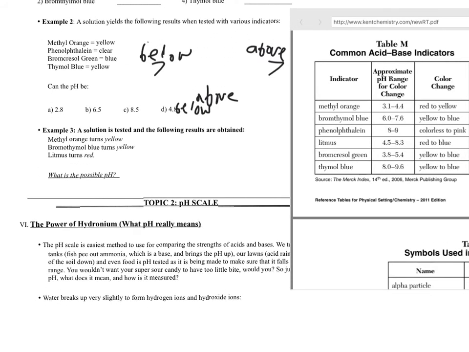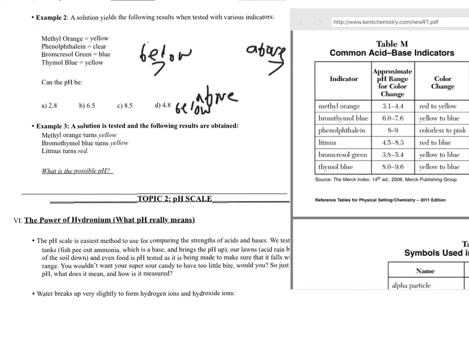Okay. Let's take a look at the next example. It says, a solution yields the following results when tested with various indicators. So now we're giving you this information. We're saying that we put methyl orange in the solution, and the methyl orange turned to a yellow color.